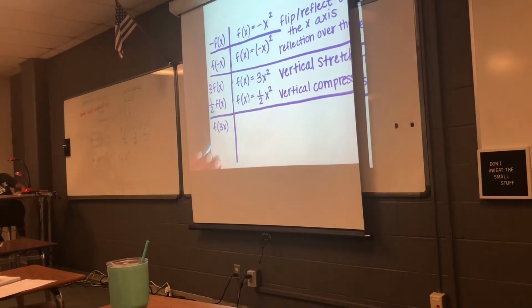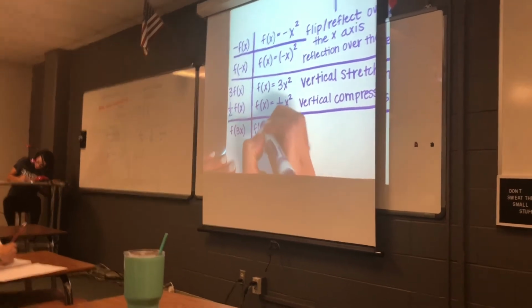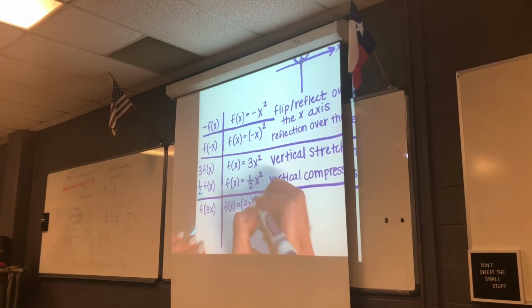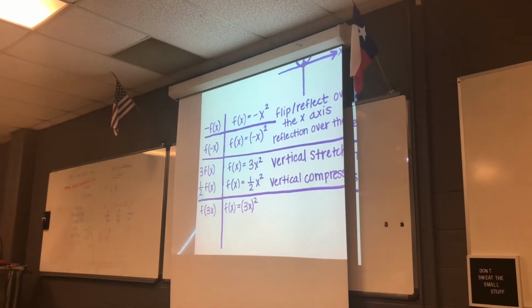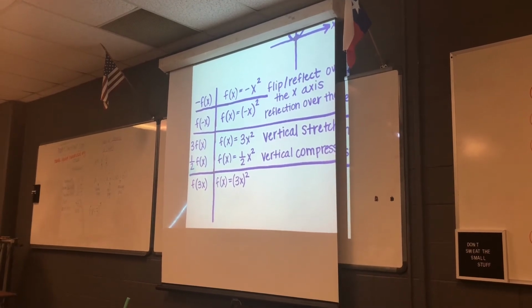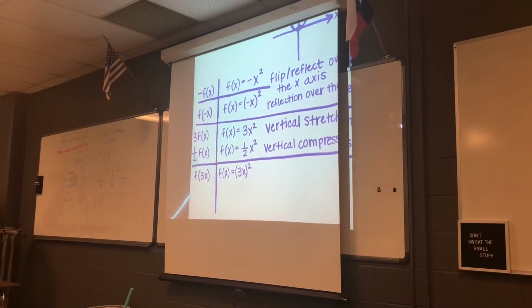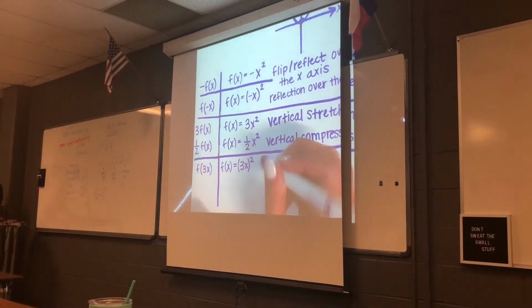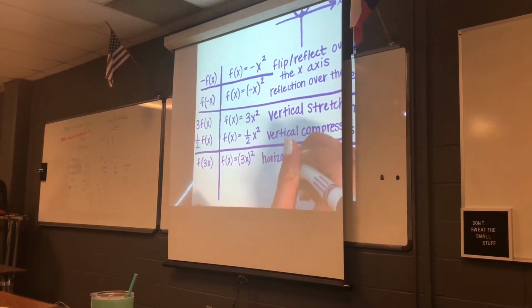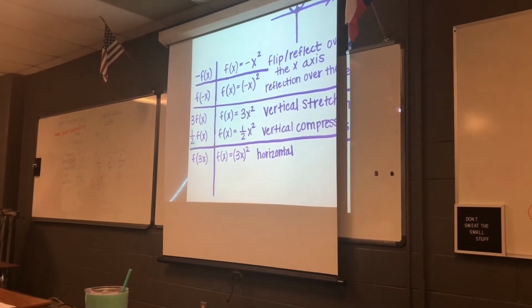It would also be paired with the x in the parentheses when it's actually written as part of the function filled in. This affects it horizontally. Remember, everything that happens horizontally is basically backwards of how it was when it was vertical.